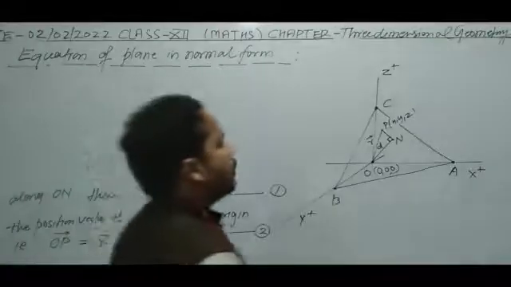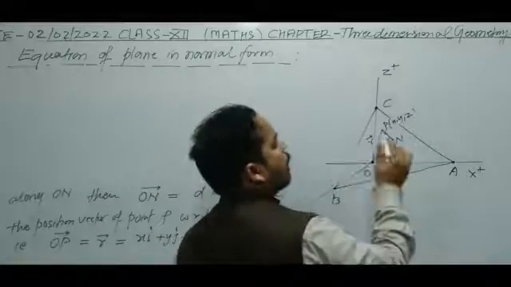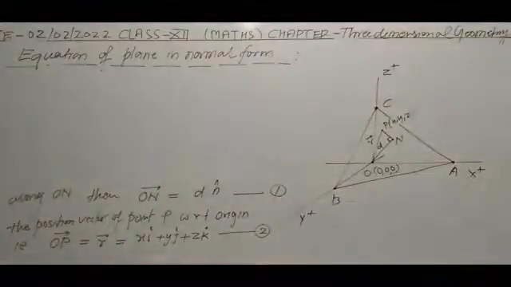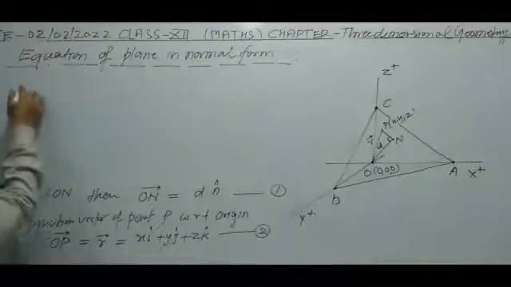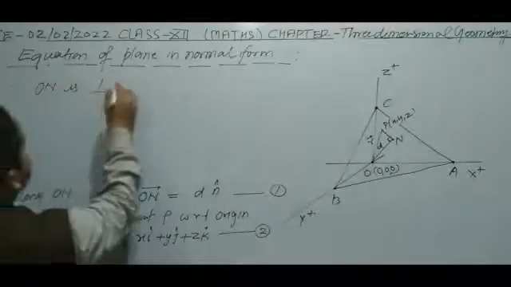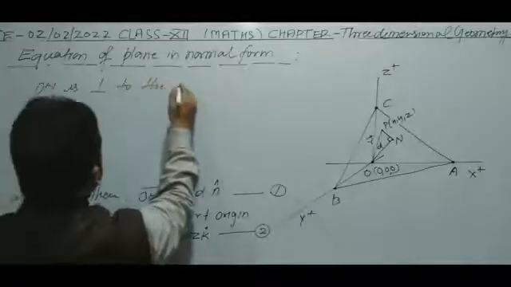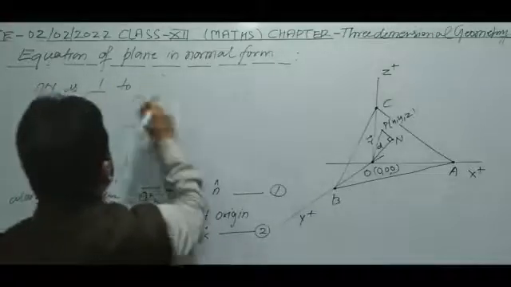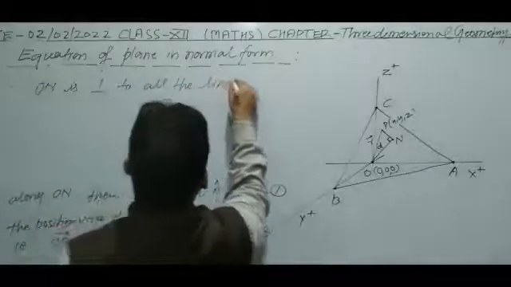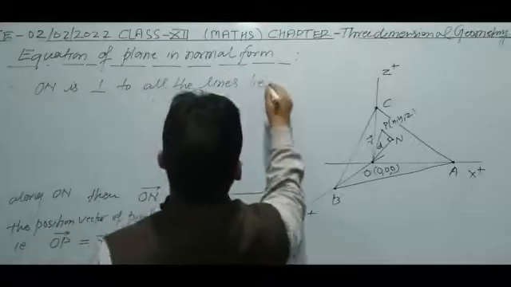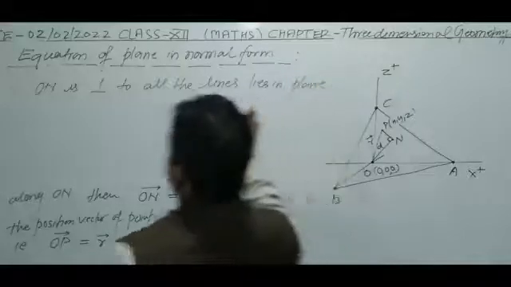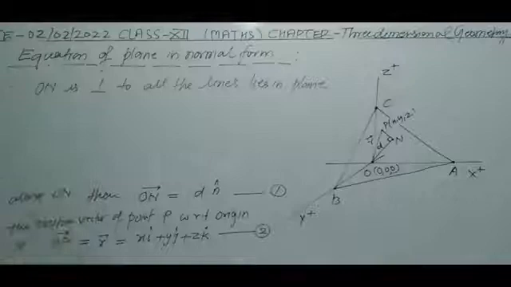Means there are so many lines you can consider in this plane, and all lines will be perpendicular to this line ON. So we can write, since ON is perpendicular to all the lines that lie in the plane, one line is NP also.